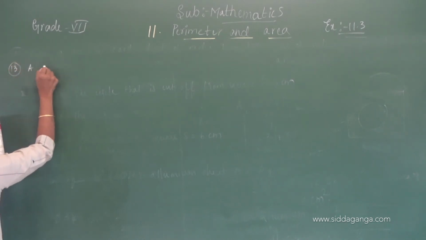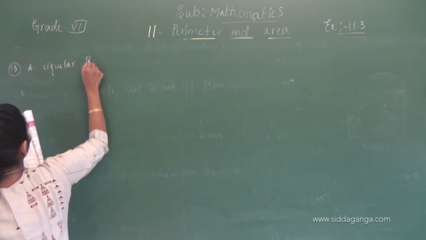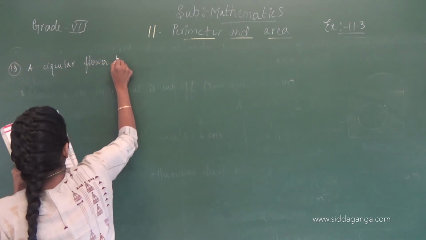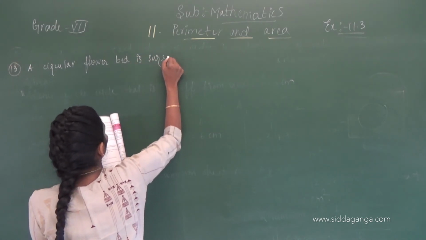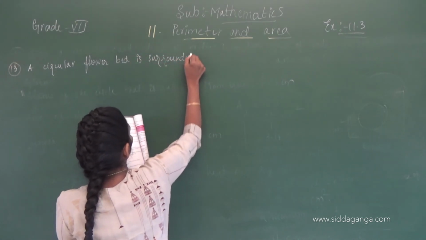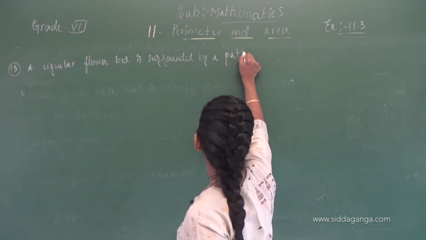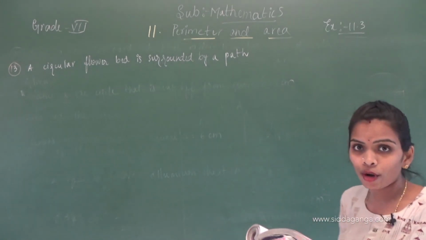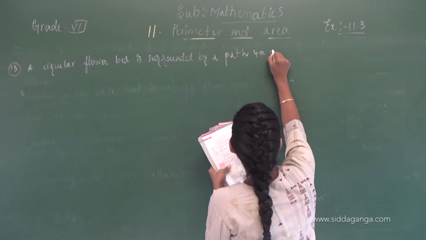A circular flower bed is surrounded by a path 4 meters wide.